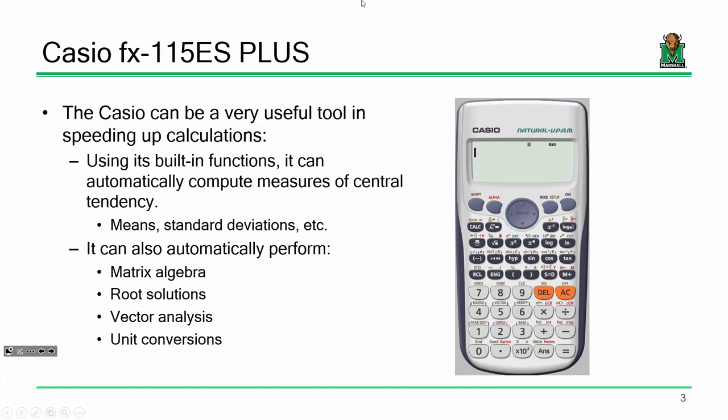And this is an exam where you can't afford to be sitting there for 10 minutes computing a standard deviation. If you can just put some numbers in and hit go, just do that. It can also do a lot of vector analysis, unit conversions, and it'll get roots for you. So it's probably worth discussing that, maybe on a mathematics part 2, if we want to call it that.